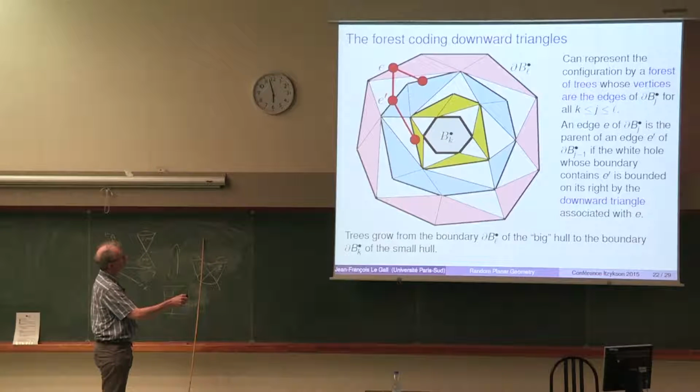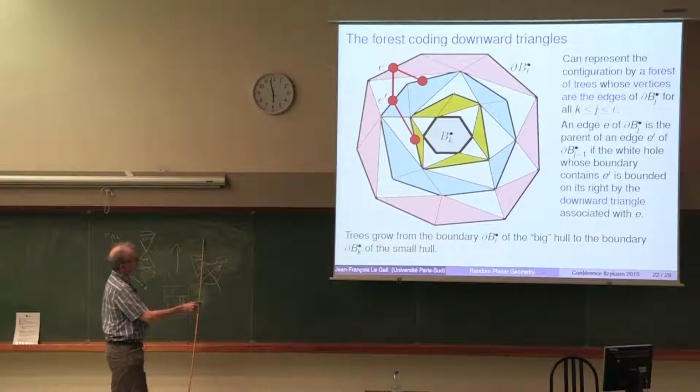Okay? So for instance, the same will be true for this edge here. So this vertex here corresponding to this edge here. The corresponding white hole is the same as before. So it is bounded on the right by this triangle, which corresponds to this vertex. So I drew also this edge here.